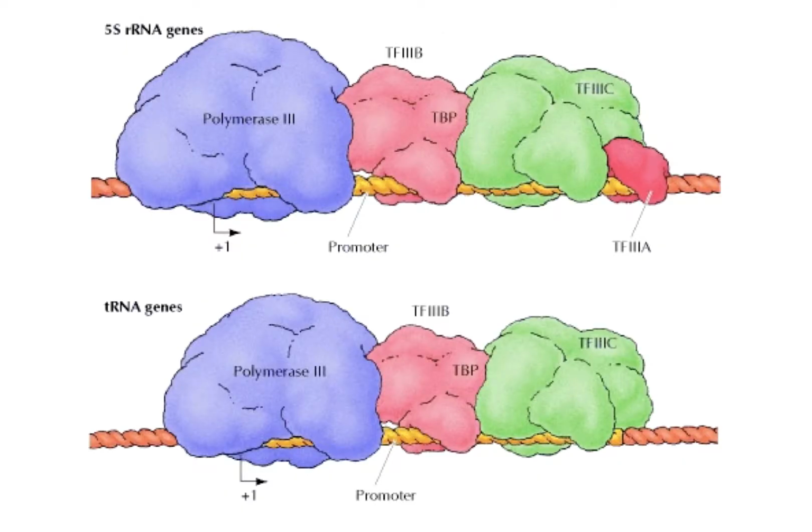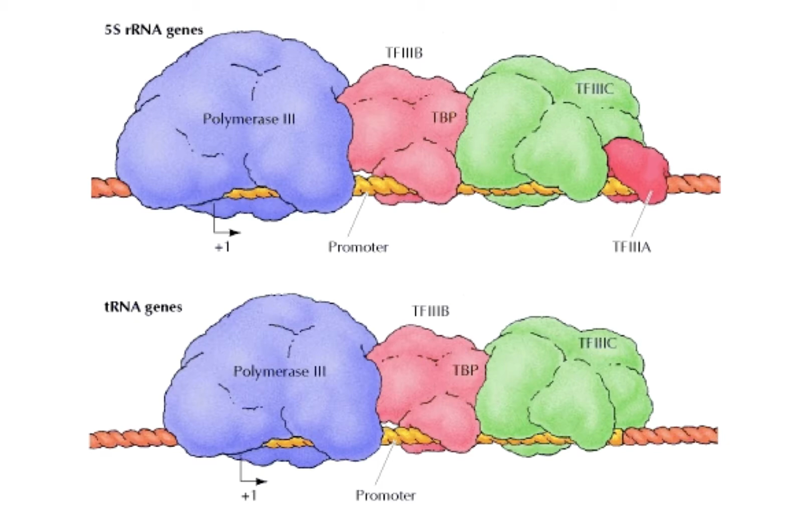And this is a little artist rendering of those two. So here's the 5S ribosomal RNA that's getting ready to start transcription. There's TF3A, TF3C, TF3B with the TATA binding protein, and then there's the RNA polymerase 3, and there's the number 1 site that is the first nucleotide that's going to be transcribed.